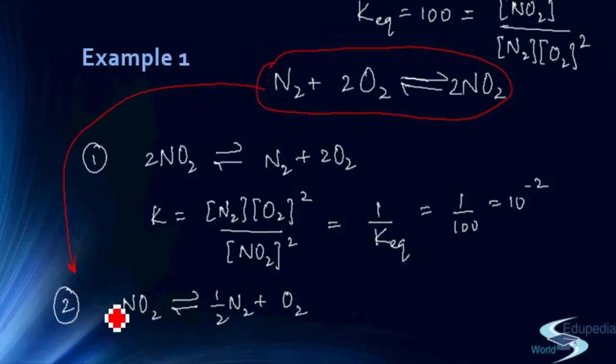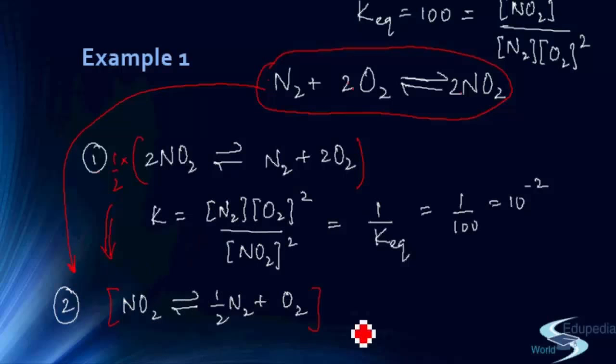Or you can say they have divided the reaction on both sides by 2. That is how you get this final reaction. So first you reverse your original reaction, and now you multiply this whole equation by a factor of 1 by 2 so that you get this final equation.